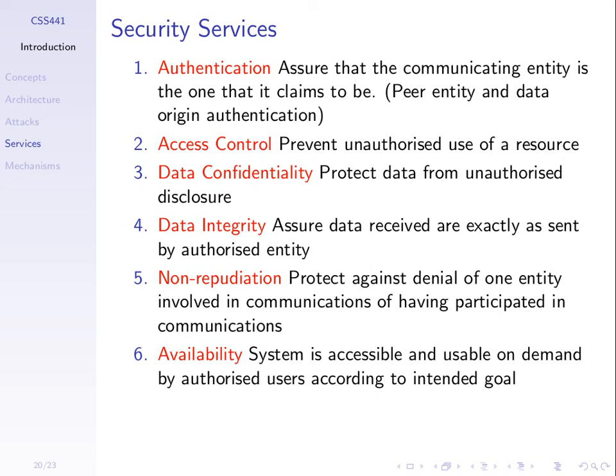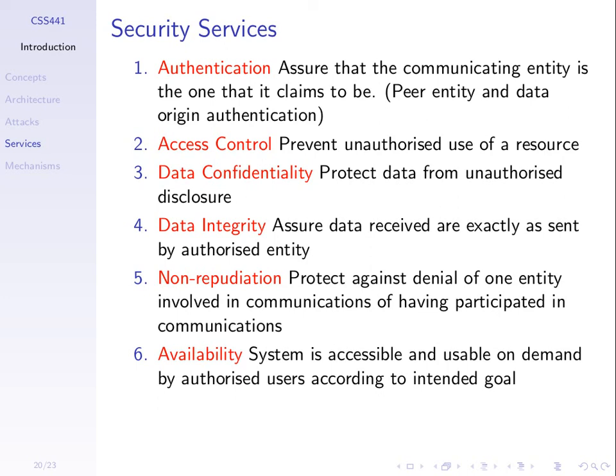Data integrity. Make sure that data that is received is exactly as sent by the authorized entity. That is, nothing's modified along the way, or nothing's modified at rest. That is, I save a file on my computer, and if someone can access my computer and modify that file without me knowing, that's an attack on the data integrity service.